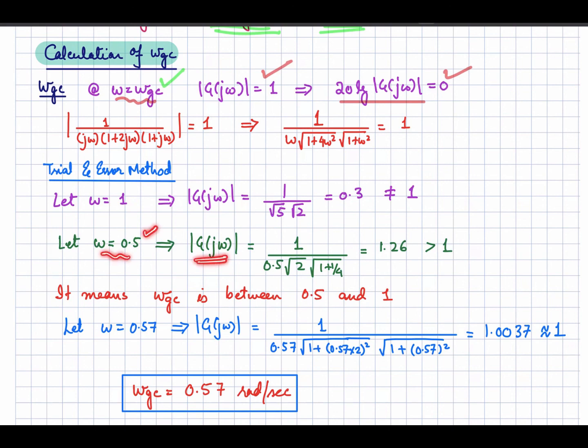If we evaluate the magnitude of the transfer function at 0.5, this comes out to be 1.26, and it is greater than 1. For omega equal to 1, it was 0.3, lesser than 1. So it means our actual frequency is somewhere in between 1 and 0.5, because we are looking for that frequency at which this magnitude is going to become equal to 1.